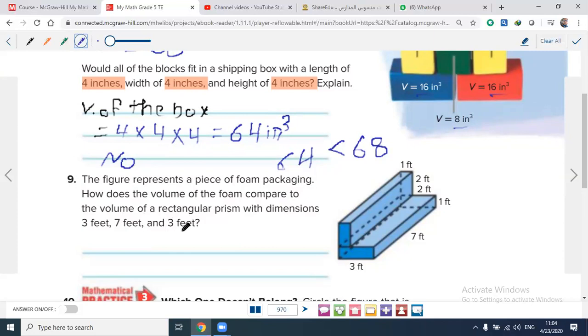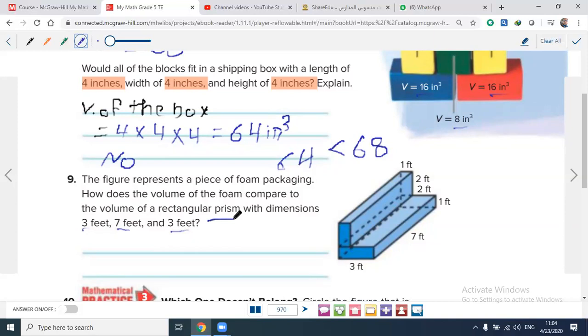You are asked to find the volume of this composite shape and the volume of the prism given here, and compare between them.